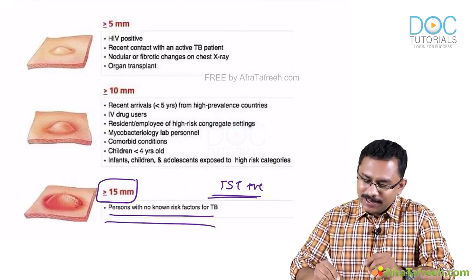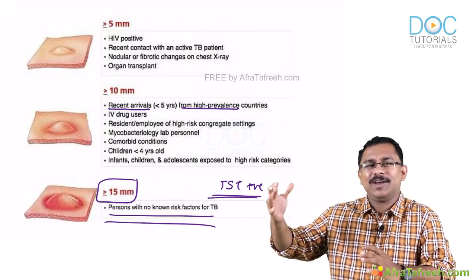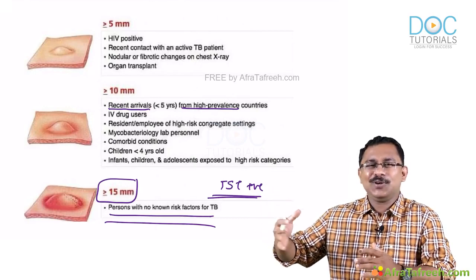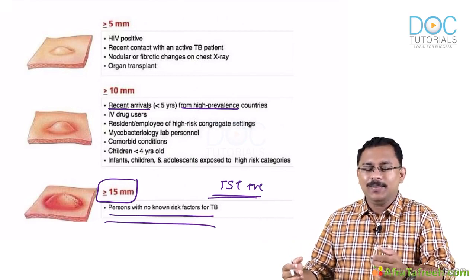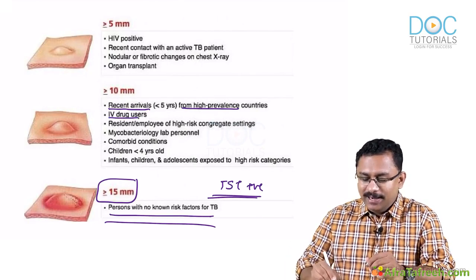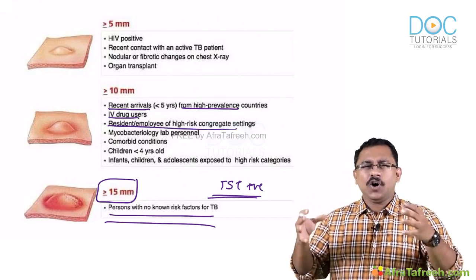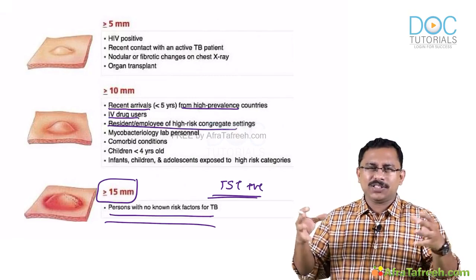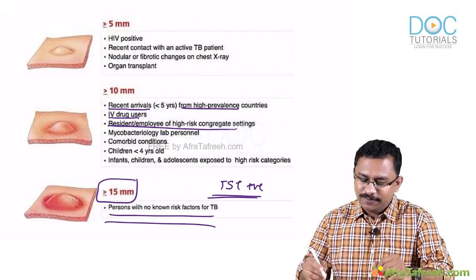What are they? Recent arrivals from high prevalence countries. So if you are coming from a region like India, where it is a high prevalence country, above 10 millimeter is positive. IV drug abusers, and if that particular individual is residing in some colonies where you have lots of crowding, in such a scenario also above 10 is positive.